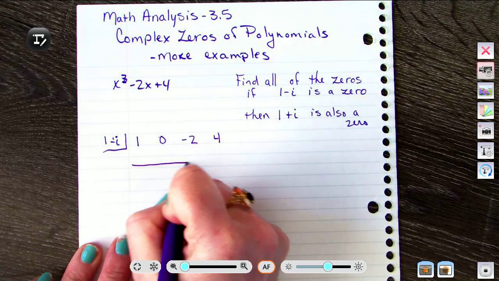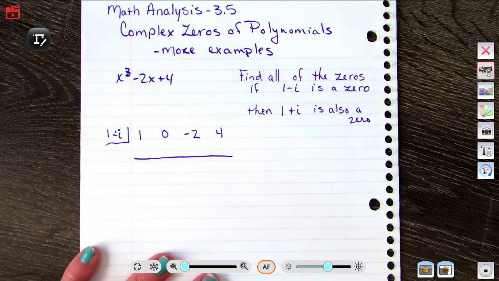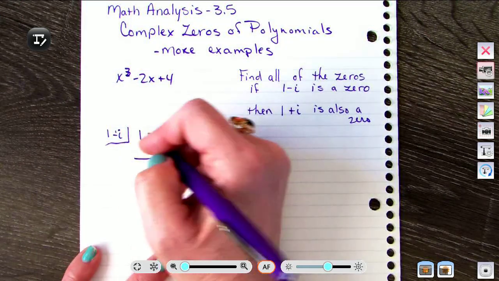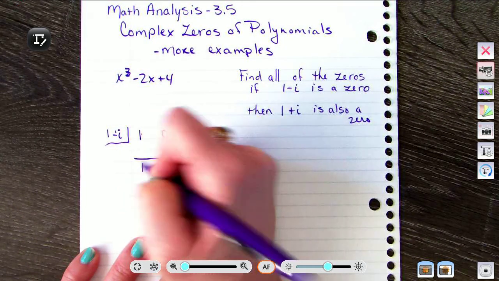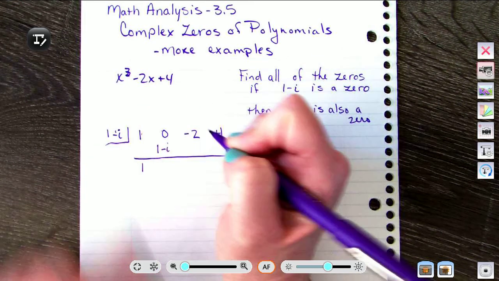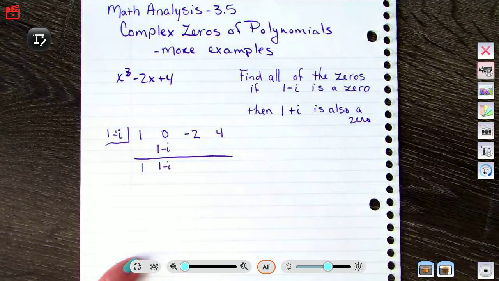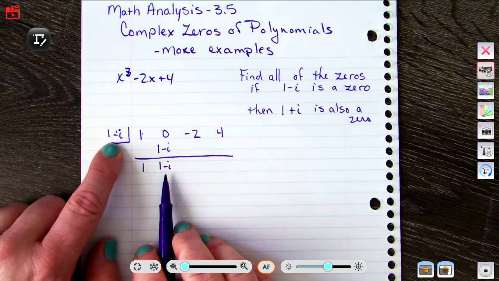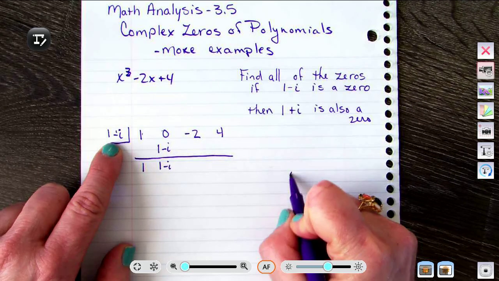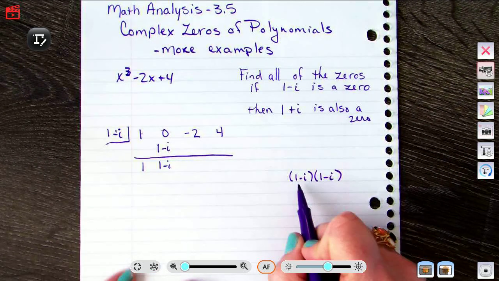When you're doing synthetic division with complex numbers, you will get very good at multiplying them, because we're going to bring this 1 down, and then I'm going to take 1 times this, which is 1 minus i. Adding it to 0 is 1 minus i. My next step is to multiply these two guys together. So I'm going to do that over here. And I'm going to FOIL.